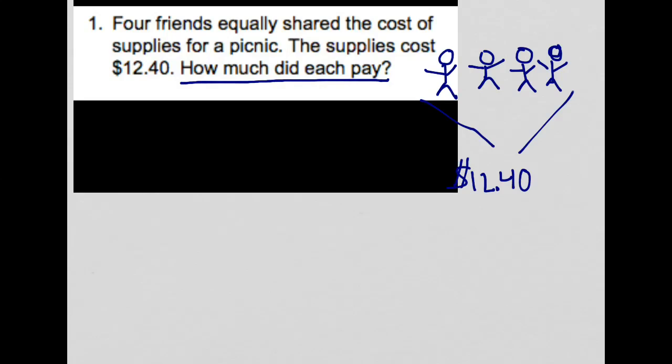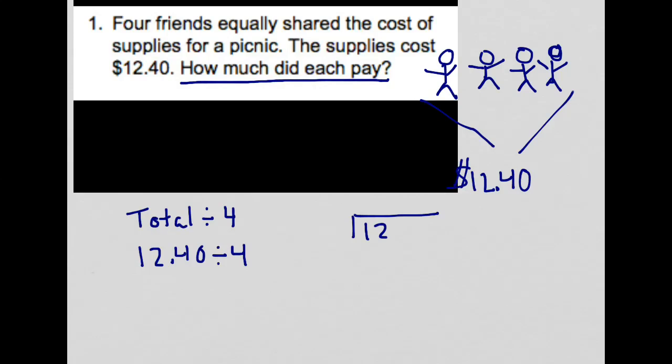So I've got a total, and I want to divide it amongst 4 people. The total is $12.40, and I want to figure out how much each person paid, so I'm dividing that by 4. I put my division bar.